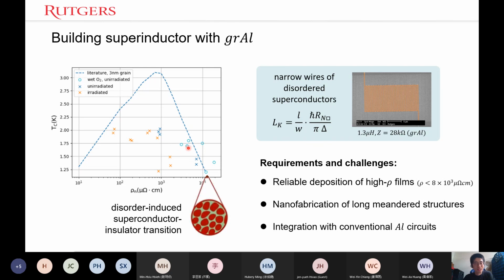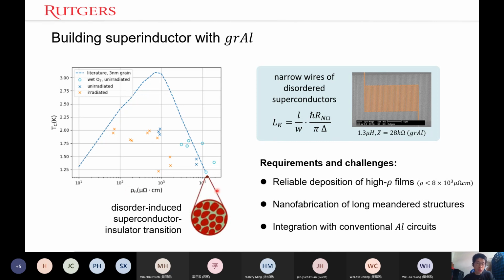But this is what we can do, and actually this is one of the challenging parts in this field with this material. It's not that stable. It has something to do with the fabrication, which I'll bring up in the next slide. In our system, when we increase the normal state resistivity, we see the TC increases. Meanwhile, as indicated by this equation, the kinetic inductance can also increase.